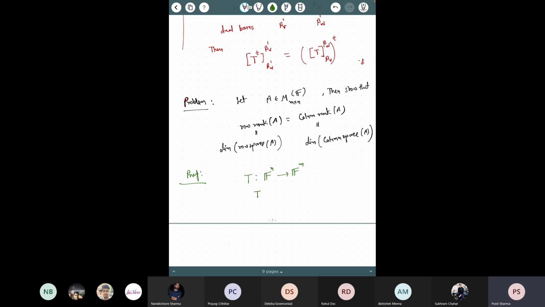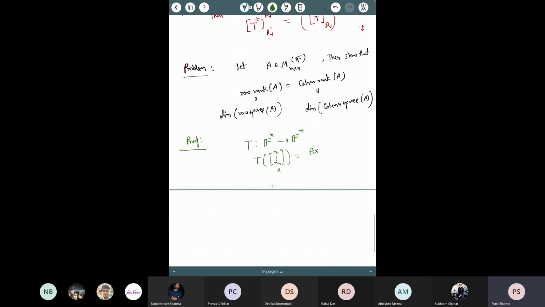If I take, let's say, x here, I assume that x is of the form x1 to xn. So let us call this x. I send this x to Ax, the multiplication of A with x. Then you can see it's exactly the same map as you are saying, but I have written it in compact form.